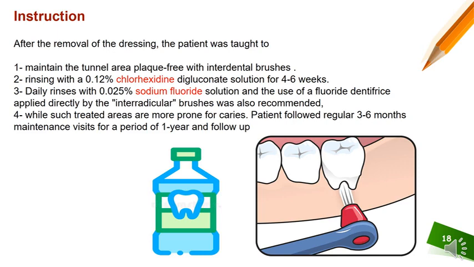The use of fluoride dentifrices applied directly by the intraradicular brush was also recommended, because we know that some of the tooth substance is removed and we don't want to get tooth caries, while such treated areas are more prone to caries. So the patient was followed regularly for 3 to 6 months, with maintenance visits for a period of 1 year and follow-up.